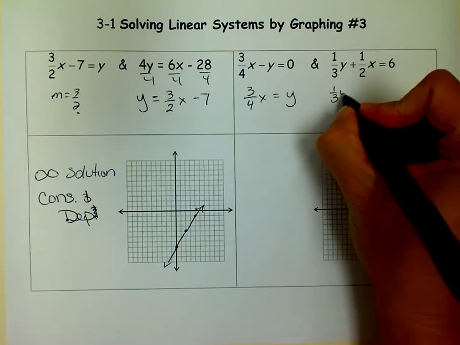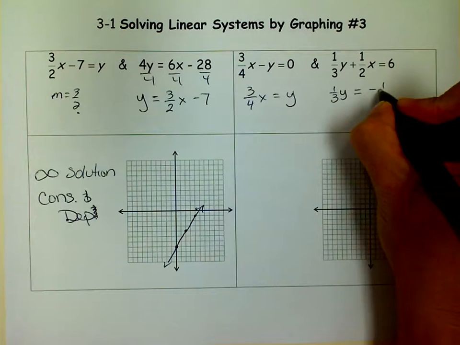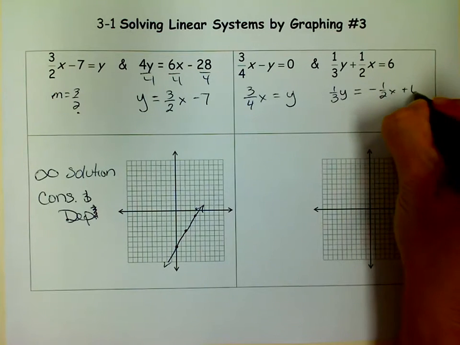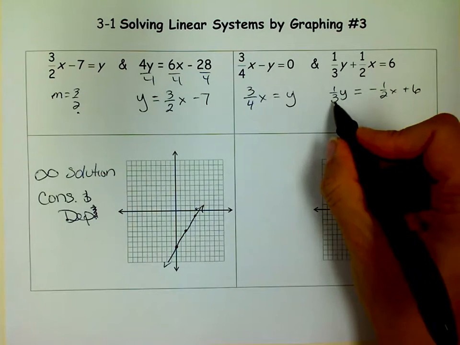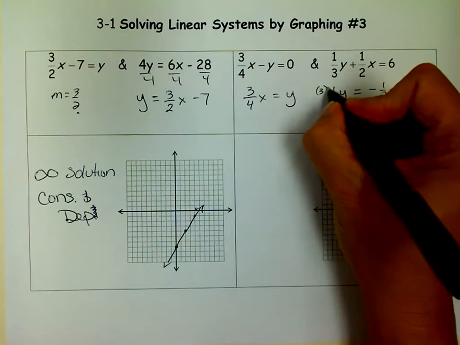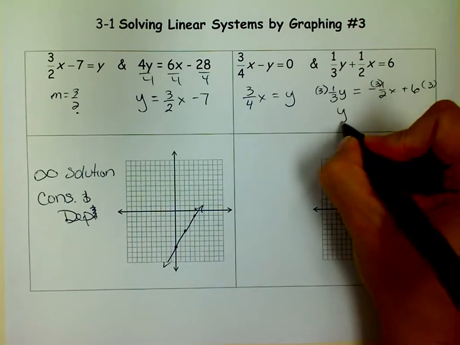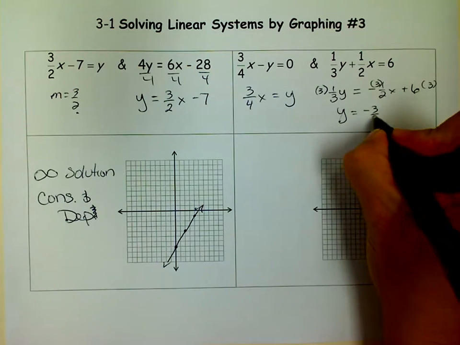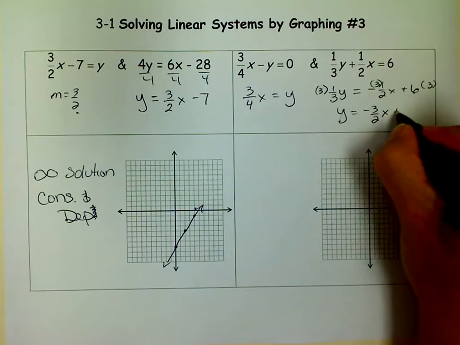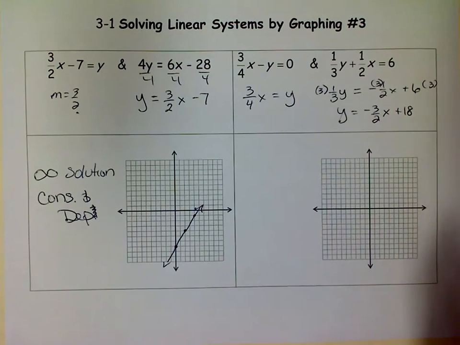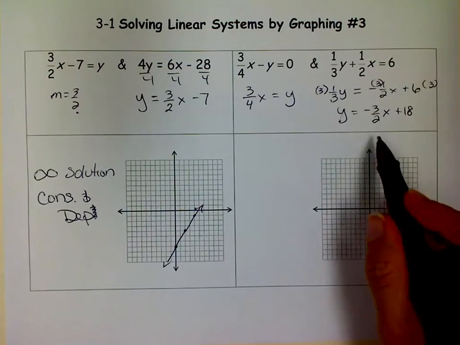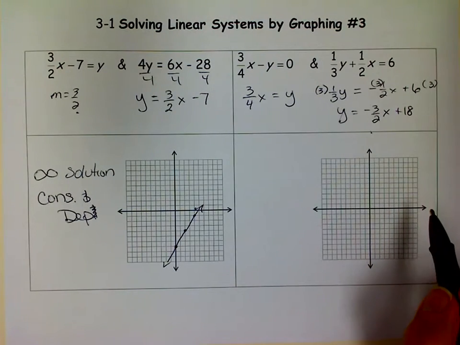So first I have 1/3 y equals -1/2 x plus 6. To get rid of the 1/3, I multiply by 3, and I have to do that to every part. So now I have y equals -3/2 x plus 18. So I see that my slopes are different, so I know they're going to intersect at least once.